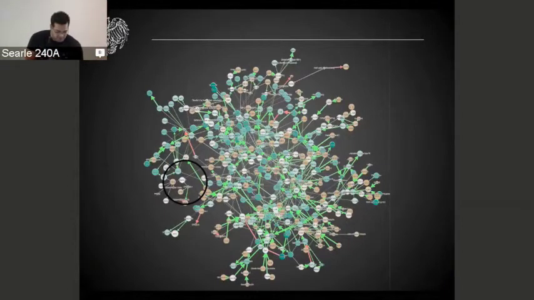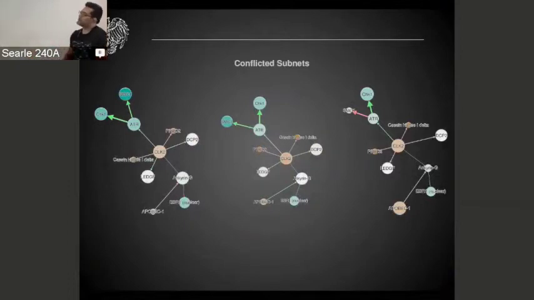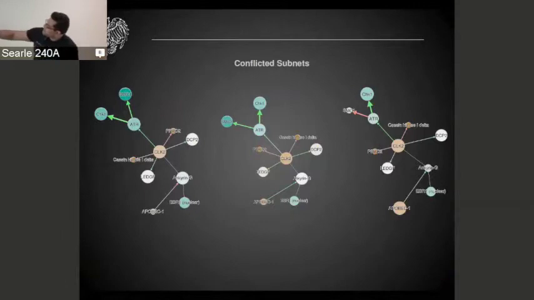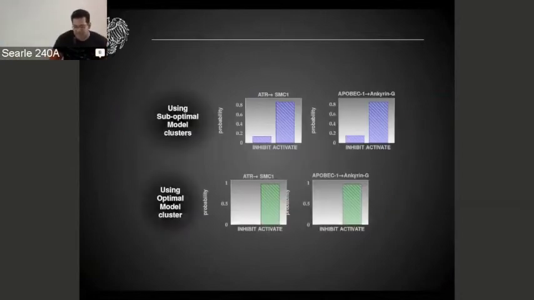So if you zoom into that portion that was encircled, you'd see that the network is not exactly matching up. Here, the green arcs are positive regulation, and the red are negative regulation. And you see there are differences there. So there are conflicts. However, now it's much simpler to resolve them.